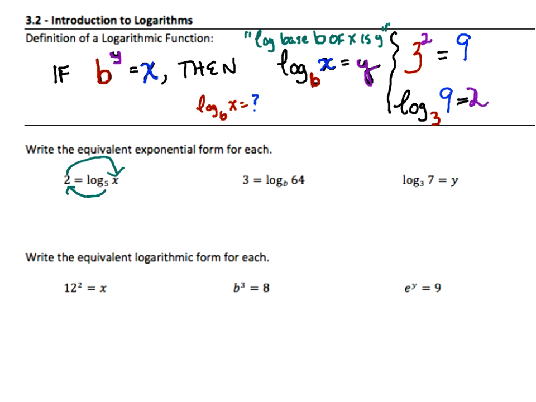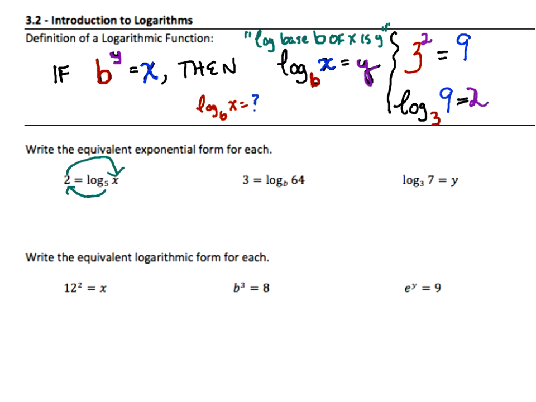So we always start at the base when we're changing from logarithmic to exponential. Start at the base, move to the is or the equals, and that's going to equal the of. Okay, so hopefully that makes a little bit of sense.